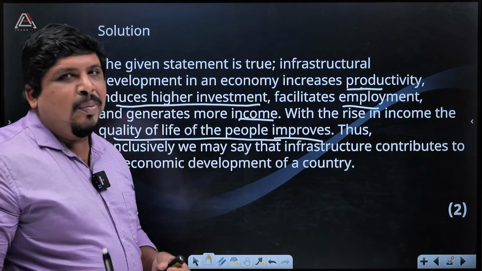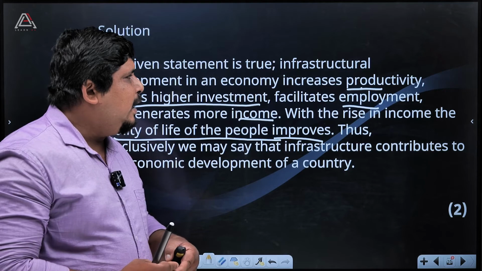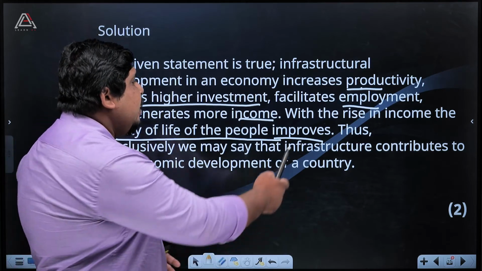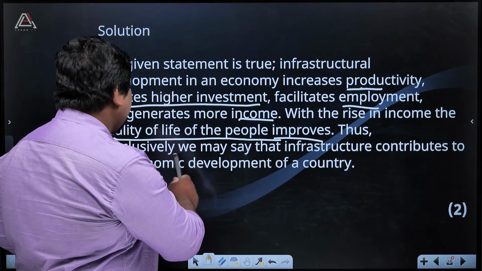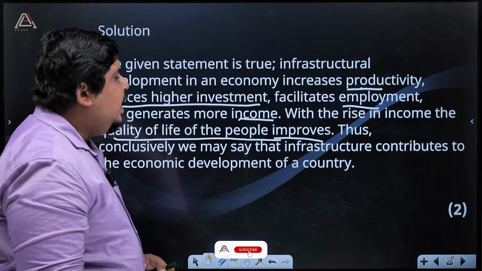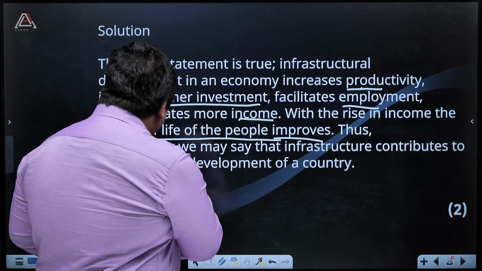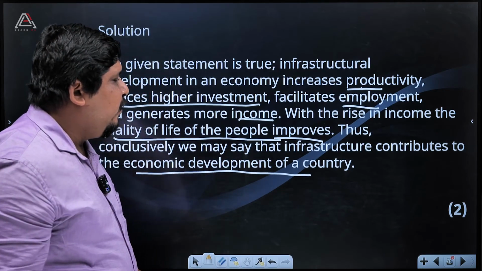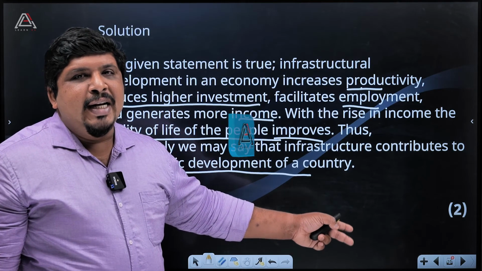You have to write only the major points, no need to write everything. Thus, conclusively, we may say that infrastructure contributes to the economic development of a country. For 2 marks, no need to write entire things.